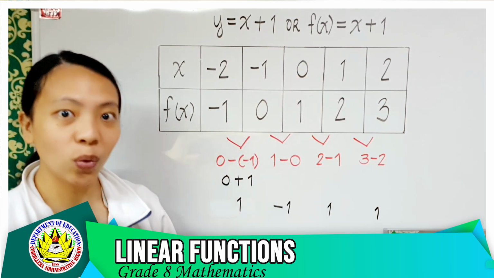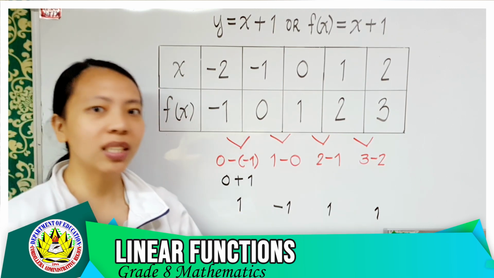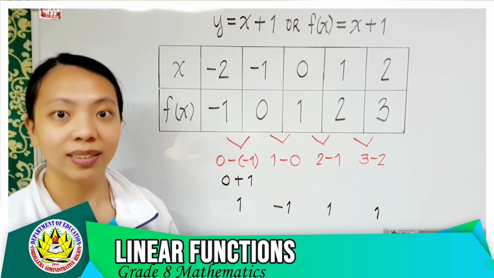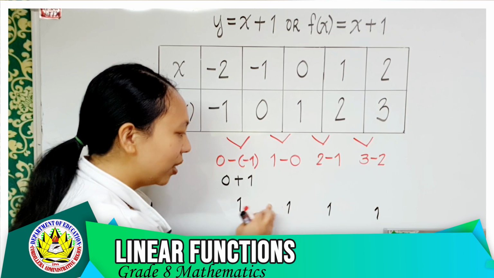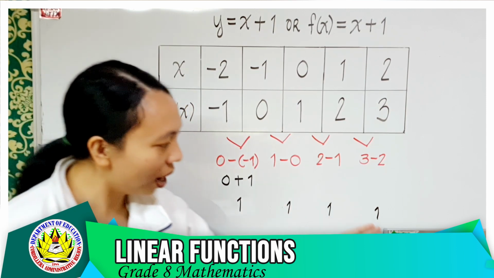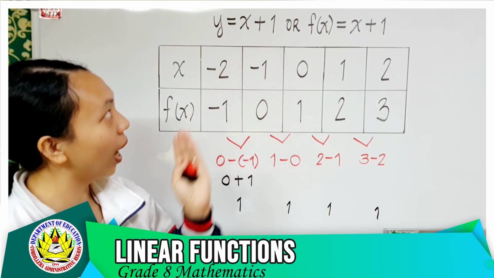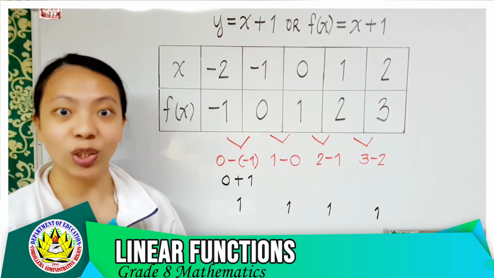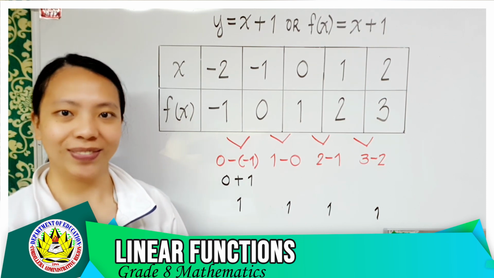If the first differences in the y values are not the same, it is not a linear function. But since the first differences in the y values for y equals x plus 1 are the same, the given equation is the equation of a linear function.